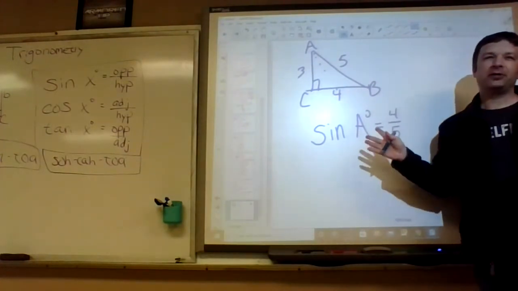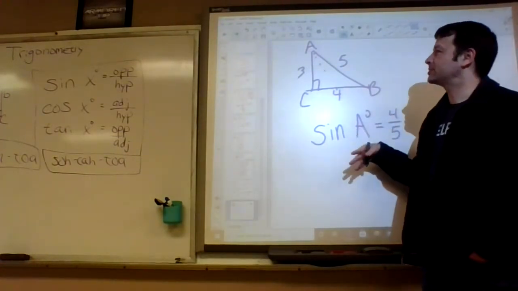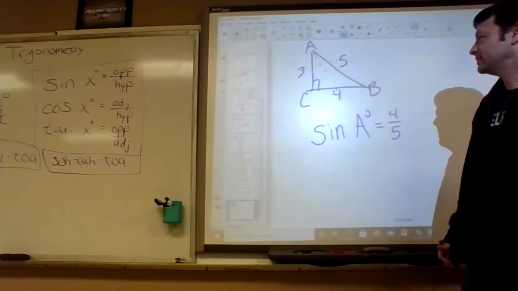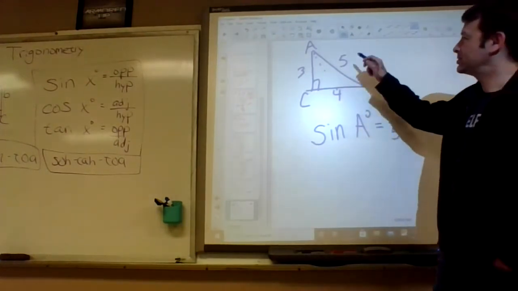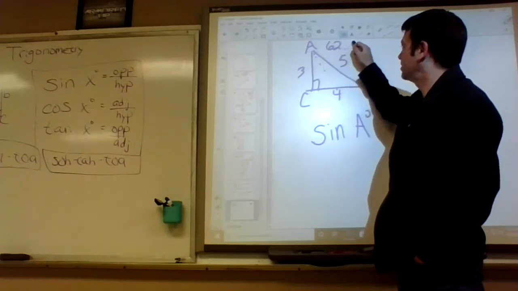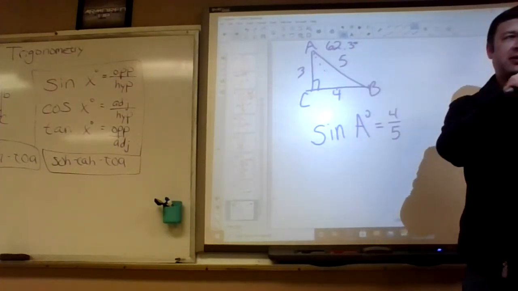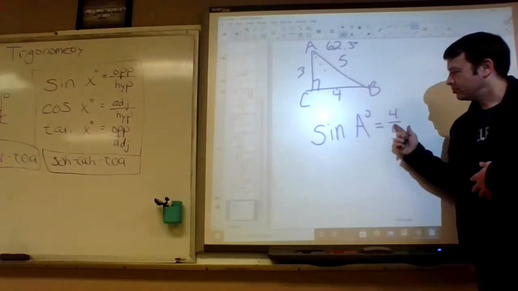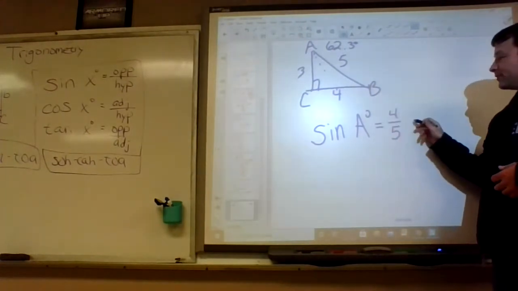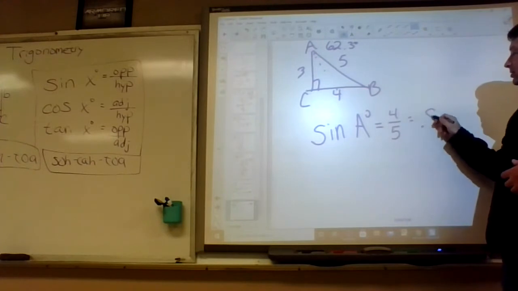Let's say I knew what angle A actually was, like maybe 62.3 degrees. I'm just making that up. If I plug sine of 62.3 into my calculator, it won't spit out 4/5, it'll actually spit out 0.8.